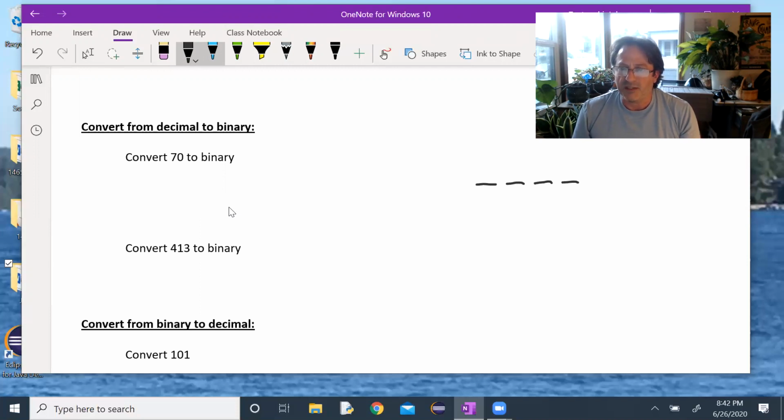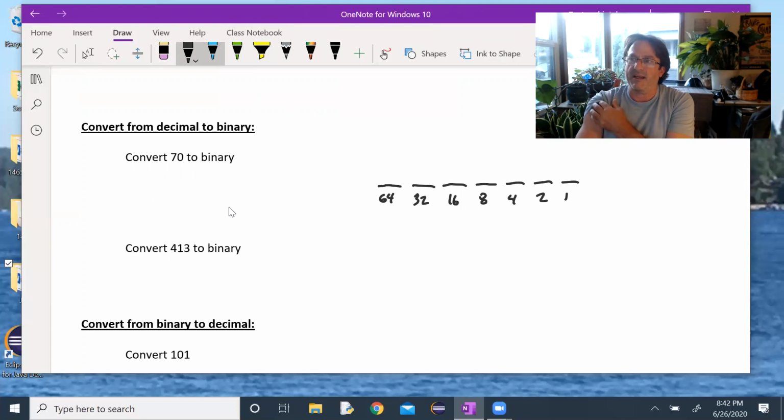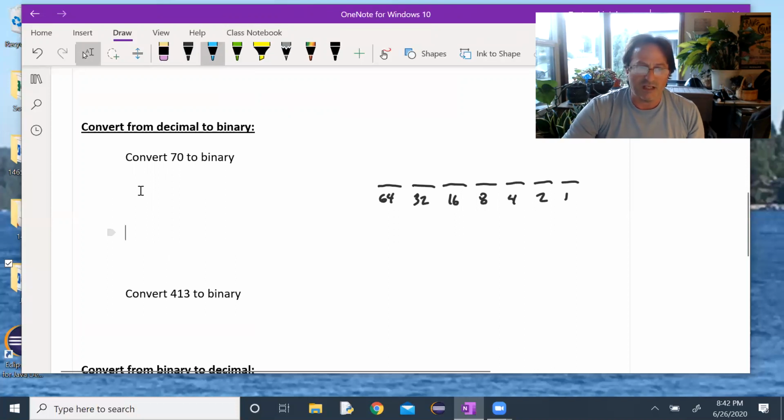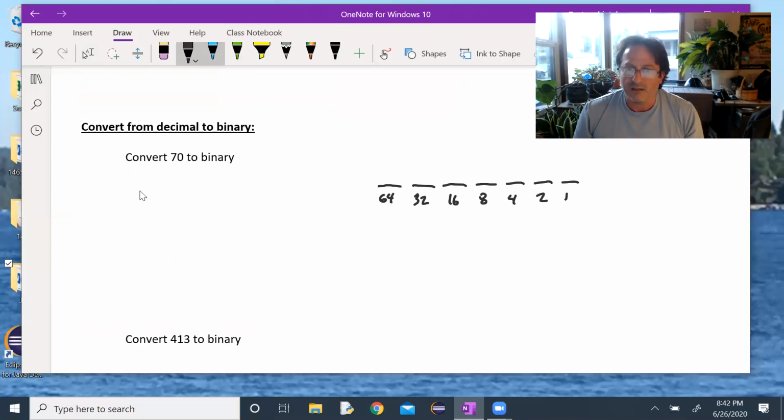I'm just multiplying by 2 each time. 16, 32, multiply by 2 again, you get 64. So 64 is the largest power of 2 that's smaller than 70. Those are all the powers of 2 from left to right, starting at 2 to the 0. So we take our 70, and we need 1 64.